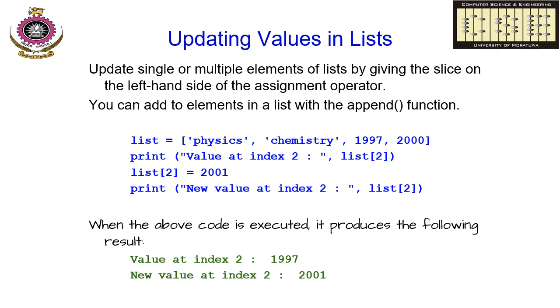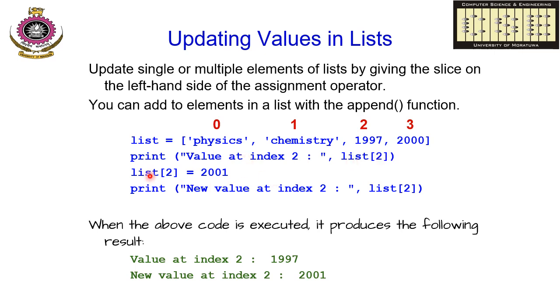So here we look at an example once again. We have a list called lists, and it has 4 elements. This is similar to the previous one. Now in this case we ask the Python interpreter to print the value at index 2 by accessing the value at index 2 like this. Within square brackets we have the correct index, and then the value will be accessed and printed.